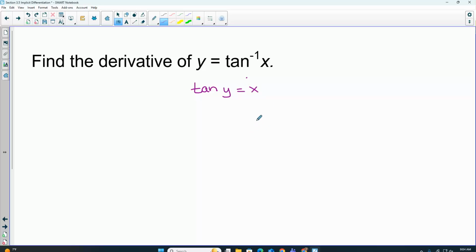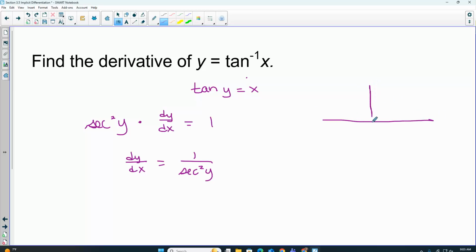If I ask you to work this out, the derivative of tangent is secant squared y times the derivative of the inside, derivative of y would be dy dx, equals the derivative of x, which is 1. So dy dx is 1 over secant squared y. But if I want that in terms of x, we have to figure out what secant squared y is.